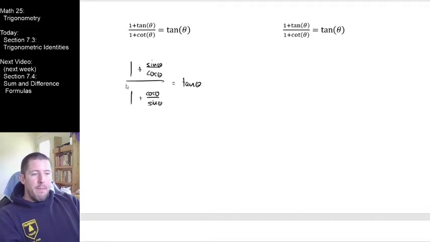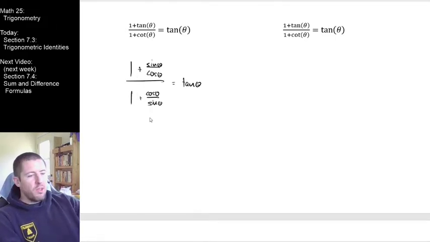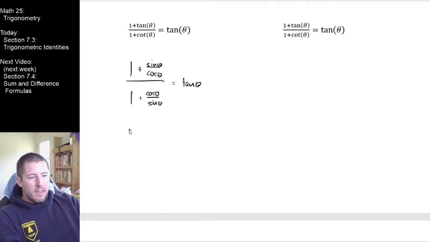Well, I'm pretty unhappy about this expression. We have sums of fractions in a fraction right here. That's not great. So I'm going to rewrite 1 by getting a common denominator to add some of these together, because I want to change my complex fraction into being a simple fraction. But I can only do that if I just have a fraction in the numerator and a fraction in the denominator. So I'm going to combine these two terms and combine these two terms. I'm going to write this as cosine theta over cosine theta.